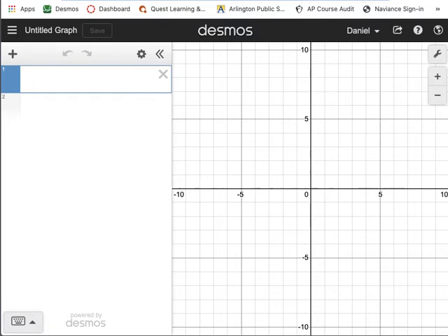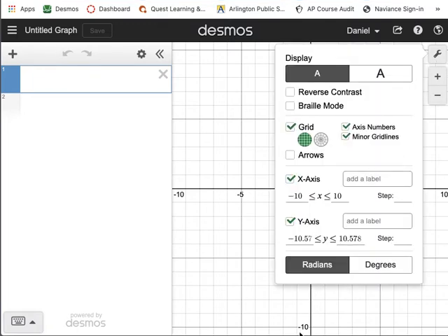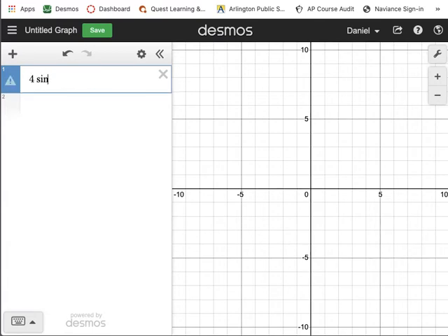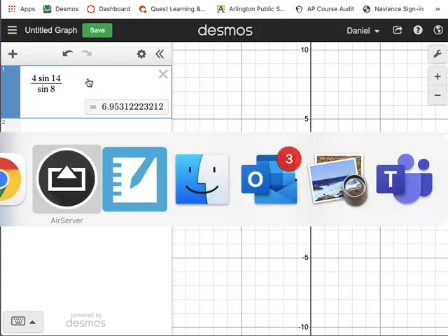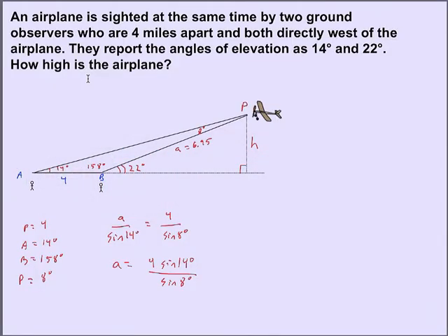Remember that Desmos is going to be in radian mode until I tell it otherwise. We've got to switch that to degrees. 4 sine of 14 divided by the sine of 8. And this distance, A, is 6.95 miles. So we'll label that on our chart.